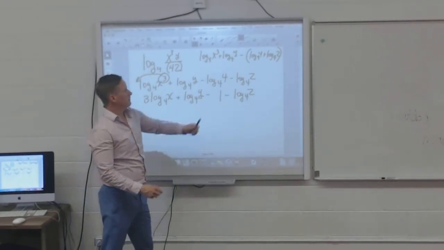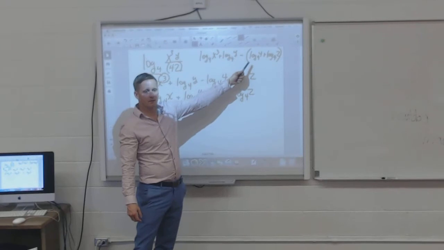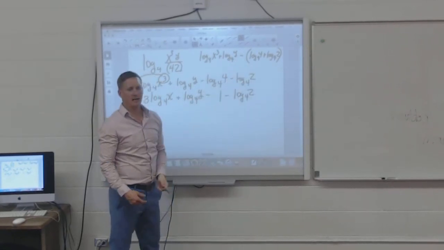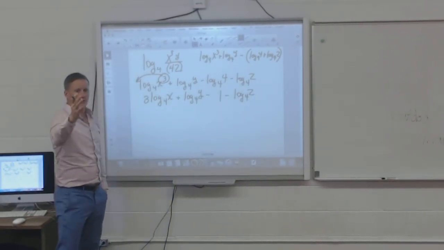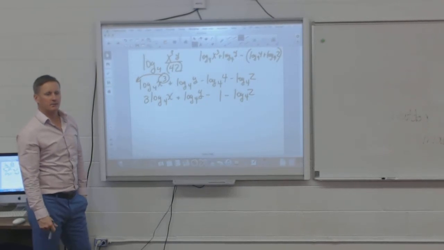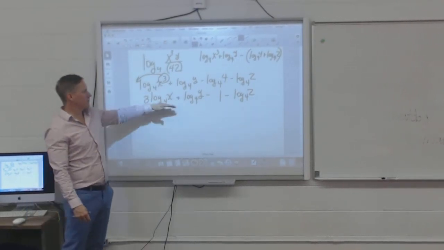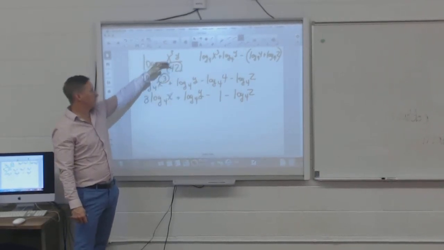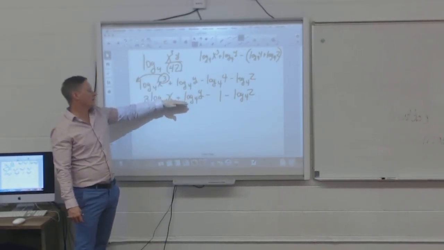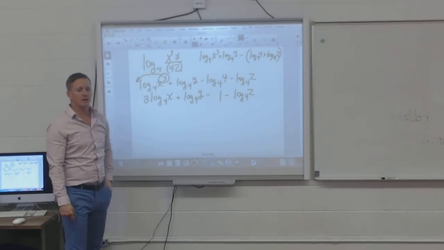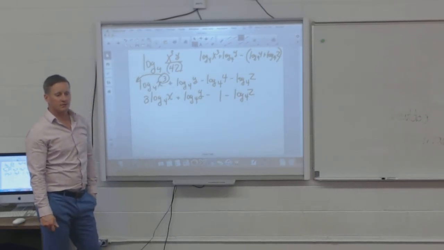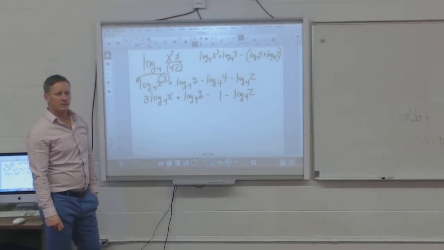I don't show you this because you'll mess this up. I show you by just taking each individual piece and adding or subtracting it. We don't do much going from here to there. We do a lot going from here to there, to a single logarithm, which is the second part of that. Okay?